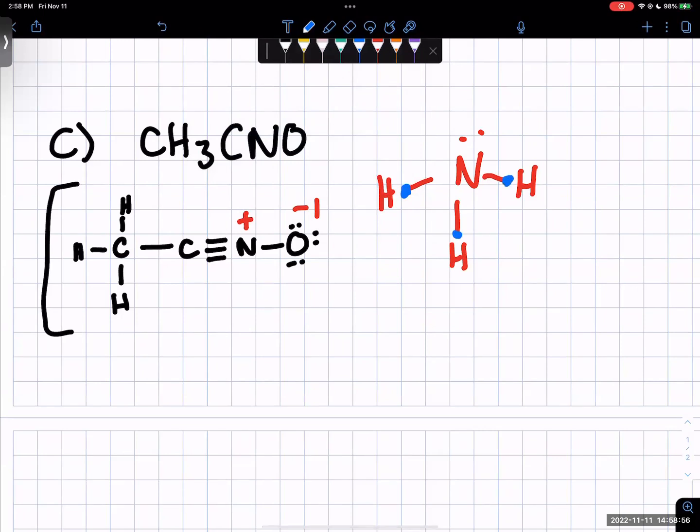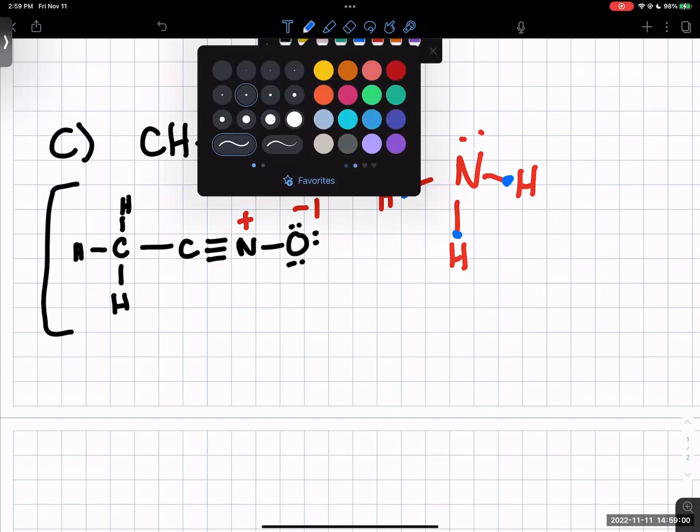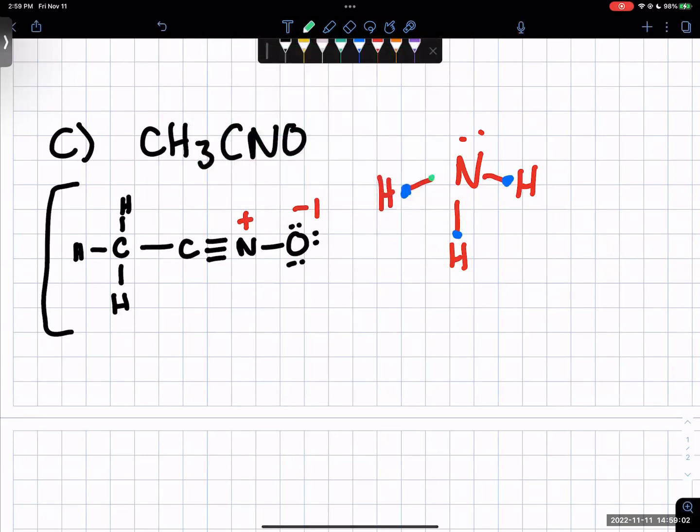And then the nitrogen is contributing 5 here. While it still has a complete octet, nitrogen only owns 5 electrons, because it's contributing 1 here, 1 here, 1 here, and then it owns these 2. So it has 5, which gives it a formal charge of 0, meaning that this compound's really stable.